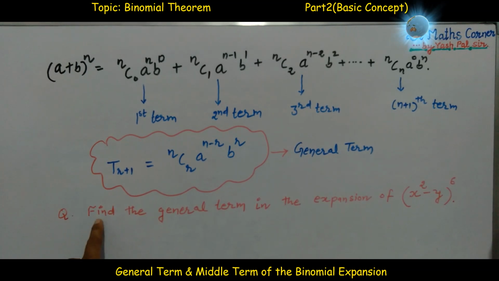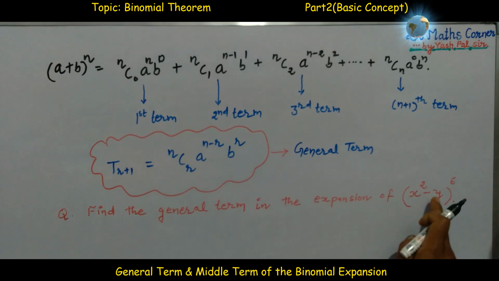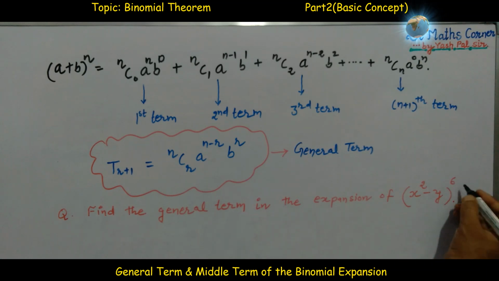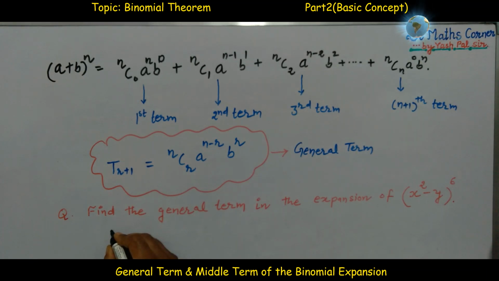Okay, let us have one example. The question is, find the general term in the expansion of (x^2 - y) raised to power 6. First of all, the value of n is 6.